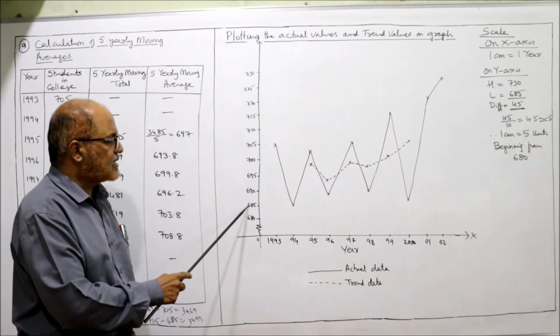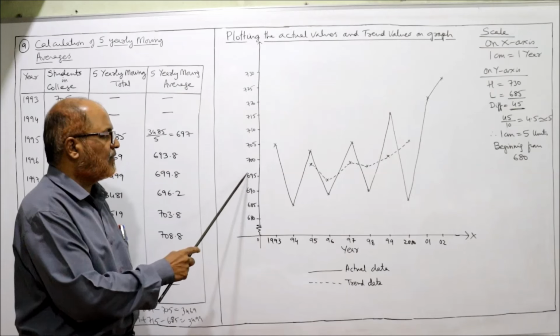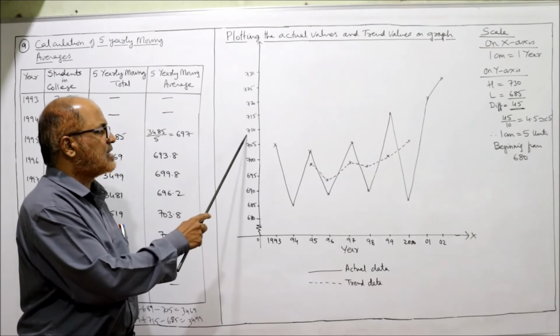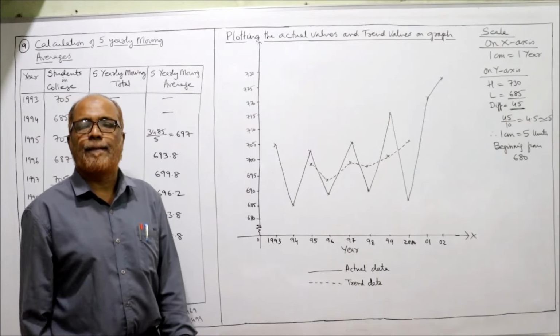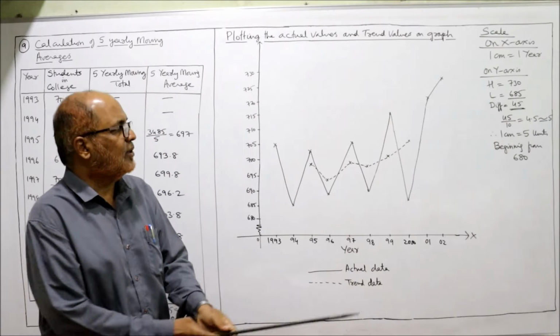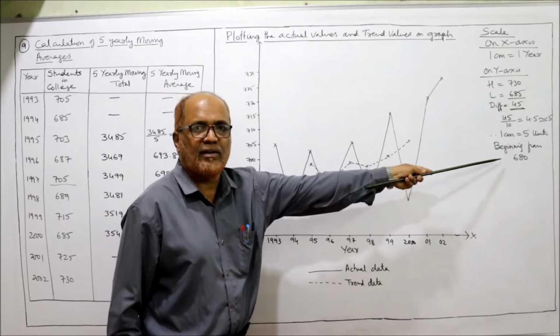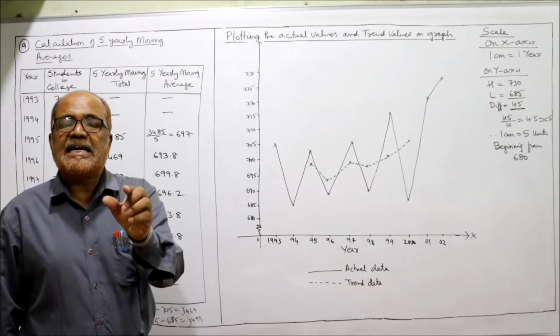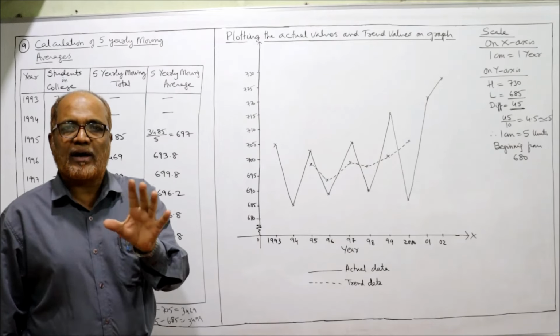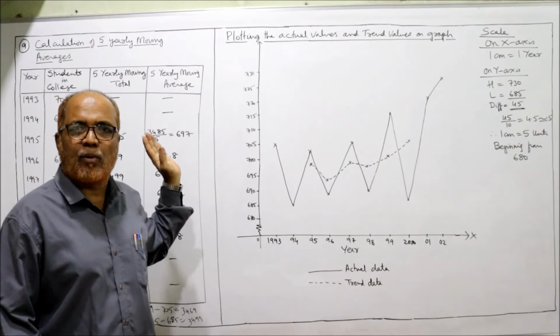So 680, 685, 690, 695, 700, 705, 710, 715, 720, 725, last one 730. So 1 centimeter, 5 units. So the scale I have taken is 1 centimeter, 5 units, beginning from 680. The main complication is regarding taking the scale. If you correctly understood this scale, easily we can plot the points.